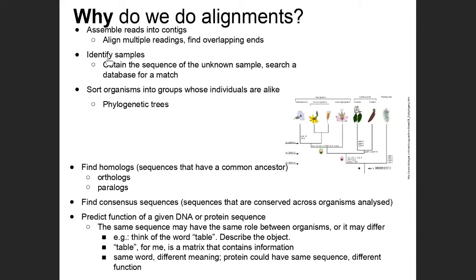All right, the other thing that we use alignments for is to identify a sample. Let me just stop sharing this for a moment. When I finished my PhD, I worked in a company that received samples from all over the world. It was a flower company. Sometimes there were viruses infecting a crop, and we didn't know which virus it was.